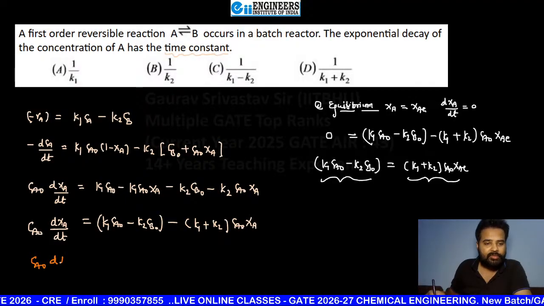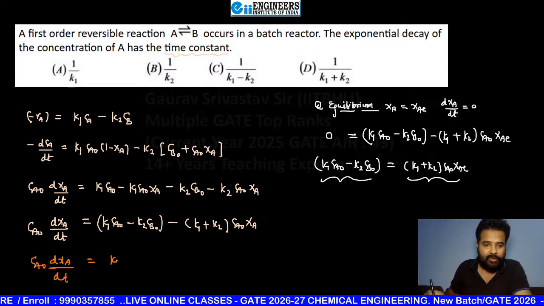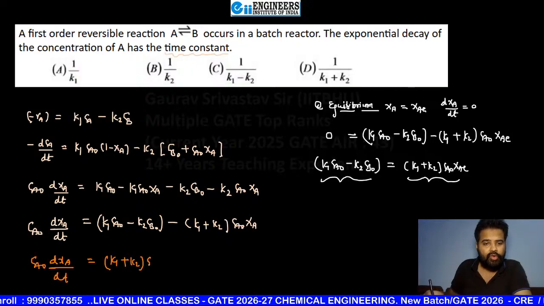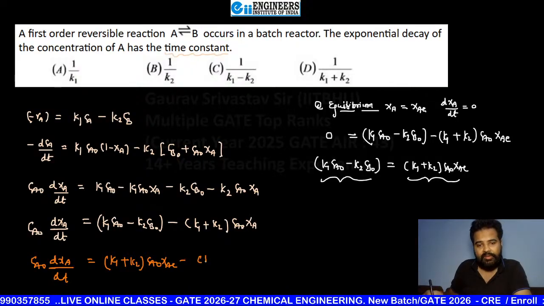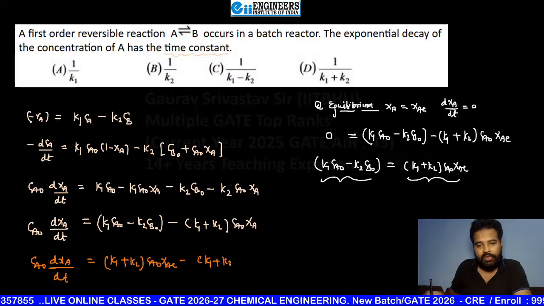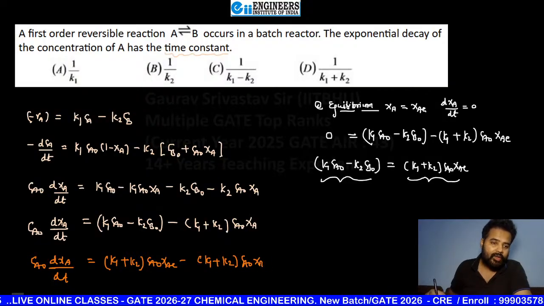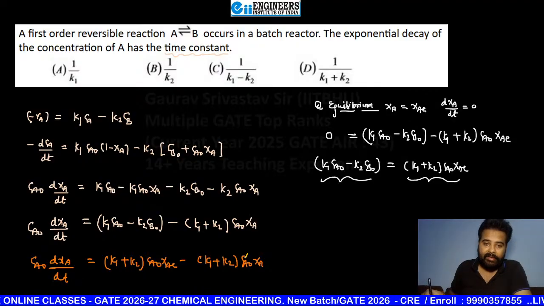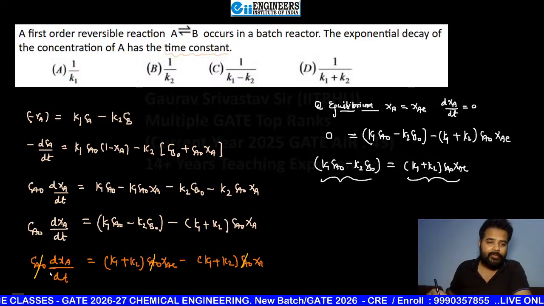Now the last expression becomes Ca naught dXa by dt, and that becomes equal to, in this place I can write (K1 plus K2) Ca naught XAE minus (K1 plus K2) Ca naught XA. You can take Ca naught common from the right hand side, and then this Ca naught will be cancelled with this Ca naught.